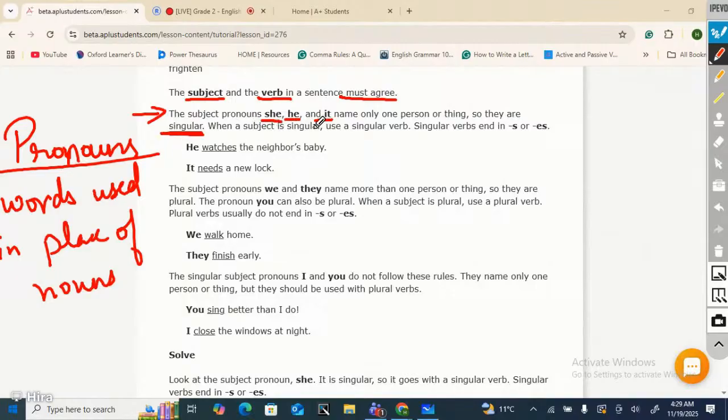So when a subject is singular, use a singular verb. Same rule. When the subject is singular, use a singular verb, and singular verb ends in s or es. You know it, right?